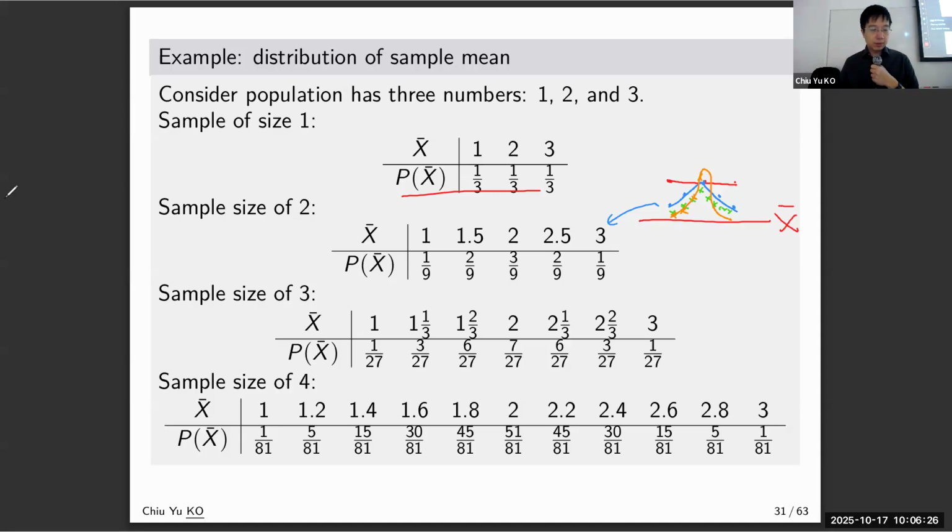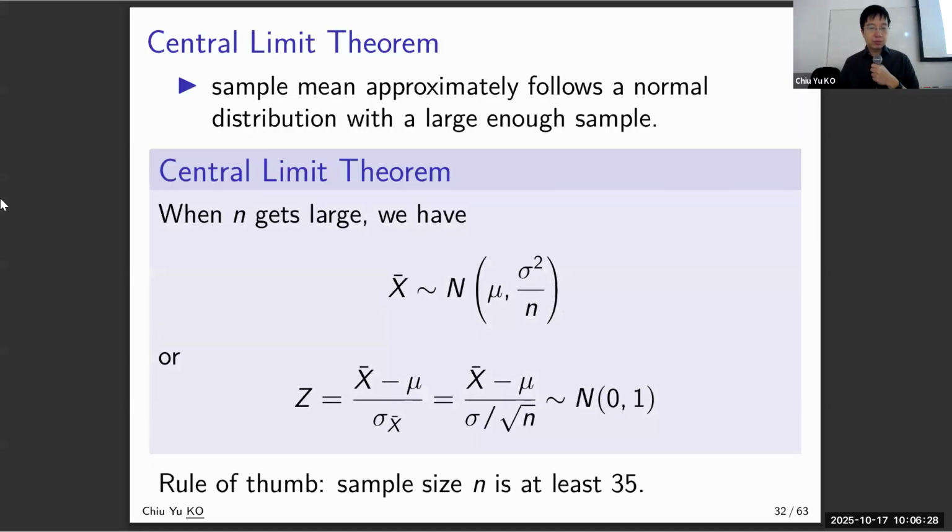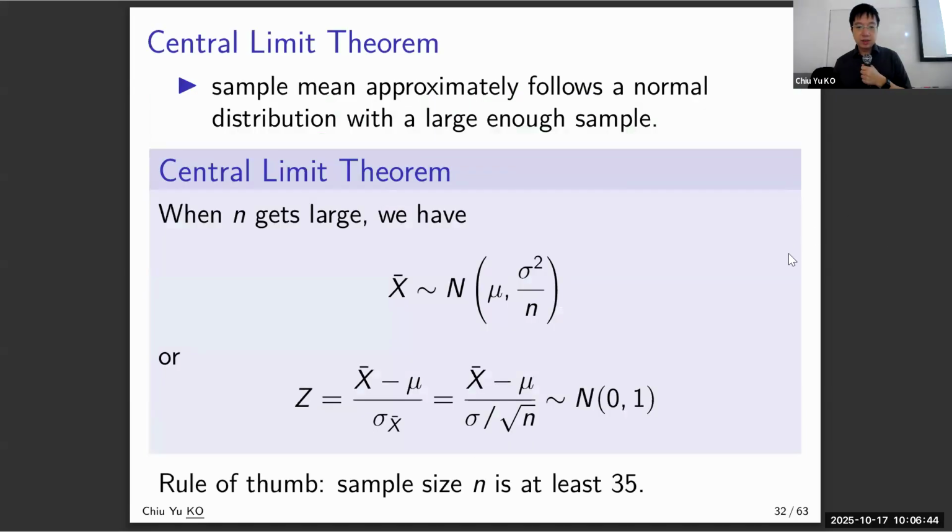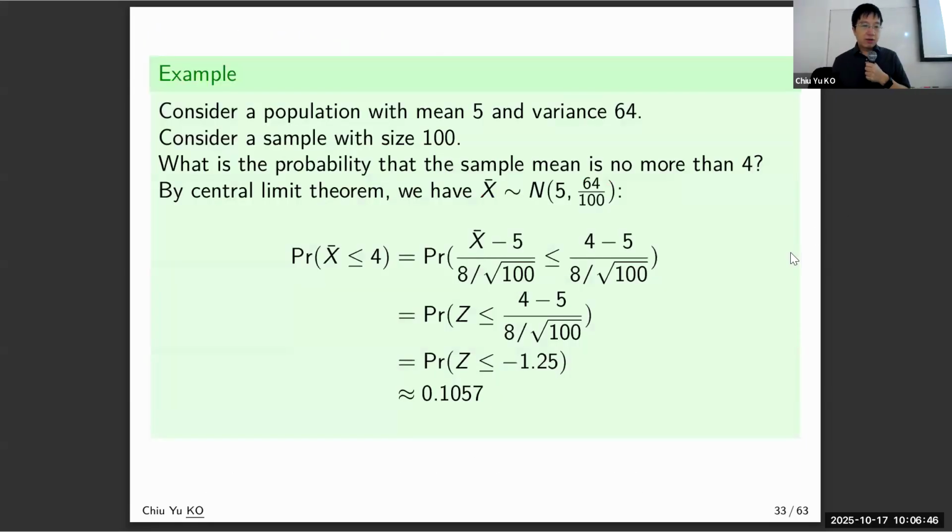And in the last class we went through this: X bar minus mu over sigma over root n is a standard normal N(0,1), and this applies when n is more than 35. And here we end with this example. I want to talk about this again because it is super important, as it is the foundation of what we are doing. So let me do it again.